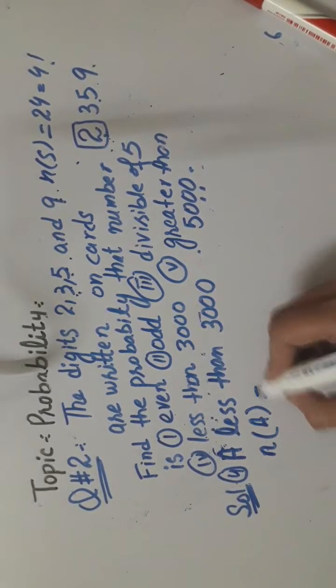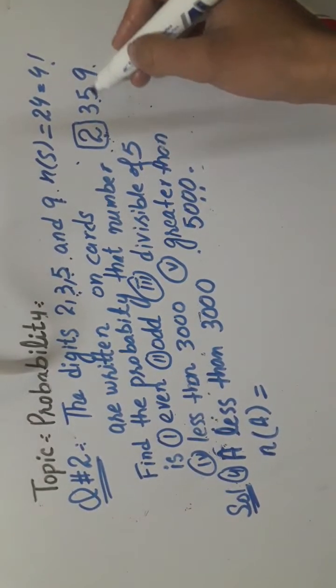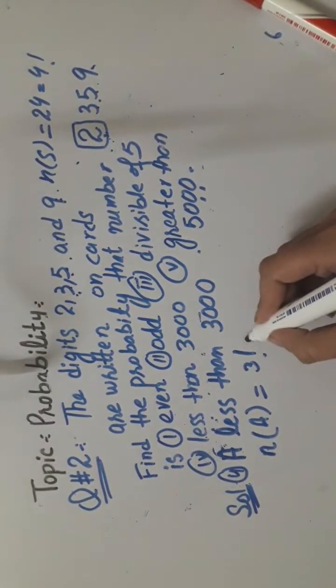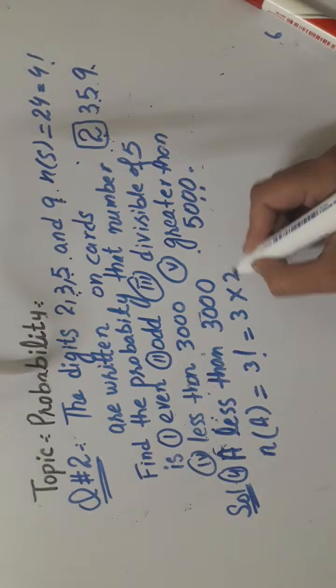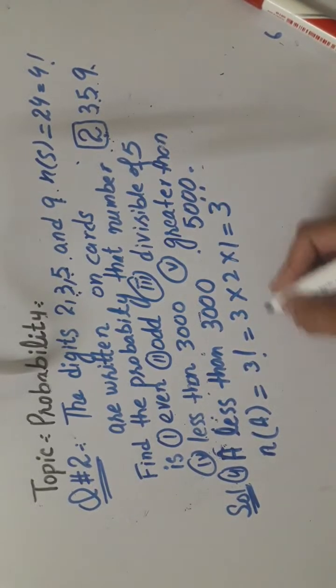So, the number of favorable outcomes: you have fixed 2 and the others may be changed. So 3 factorial, which is 3 multiply 2 multiply 1, which is equal to 6.